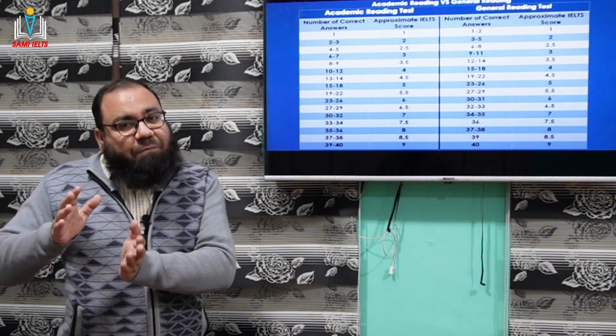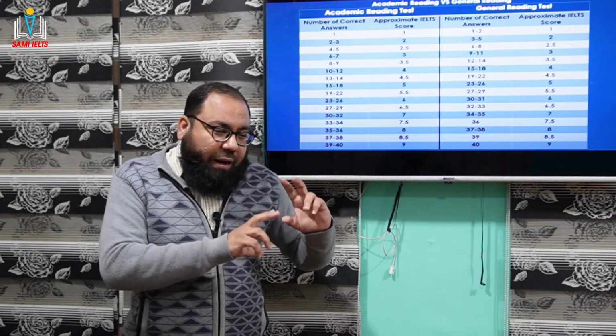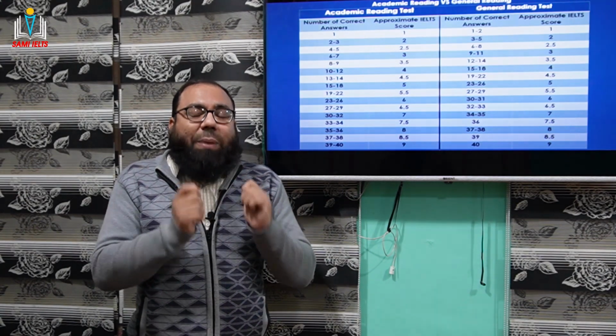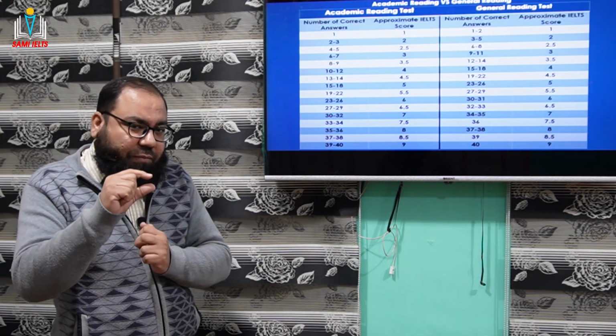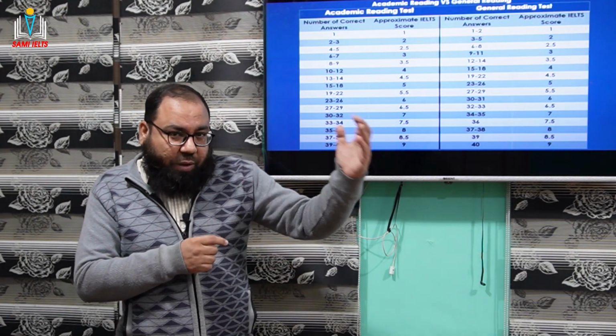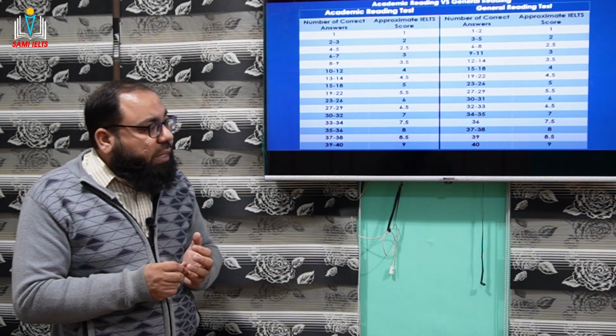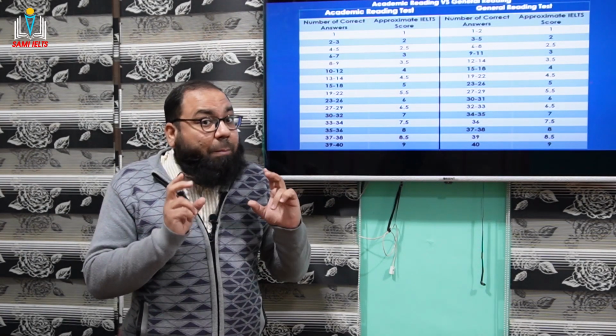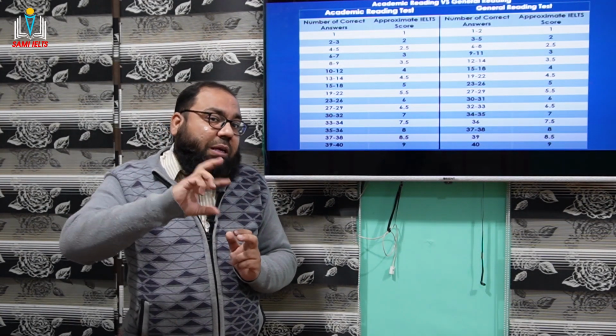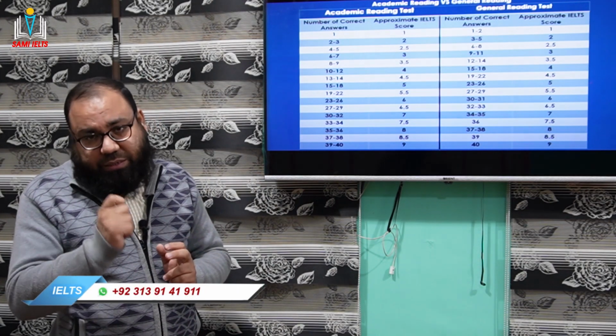If on one side the text is difficult, the band calculator is a bit relaxed and the banding criteria is very low as compared to IELTS GT. GT students will receive very easy text, but the banding criteria is quite hard.